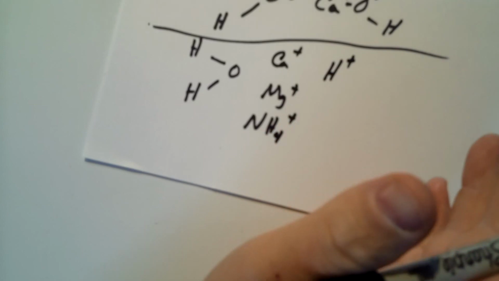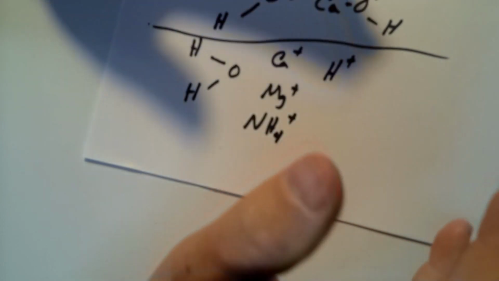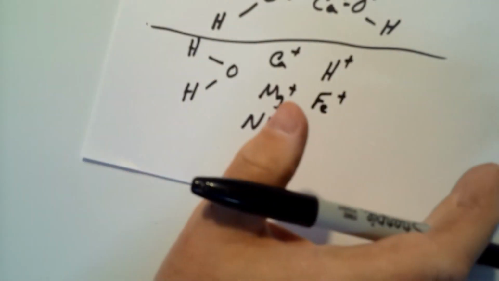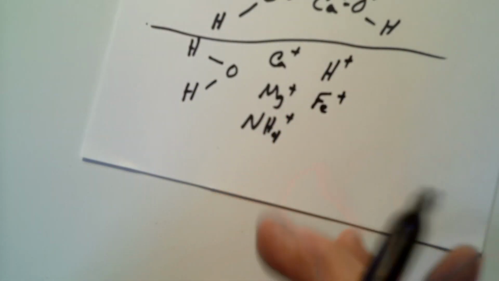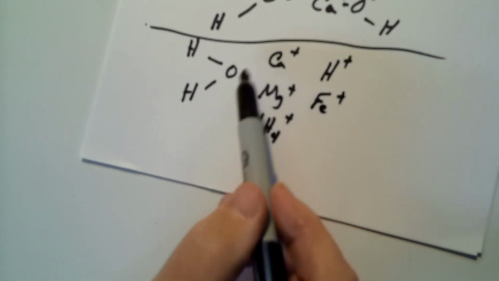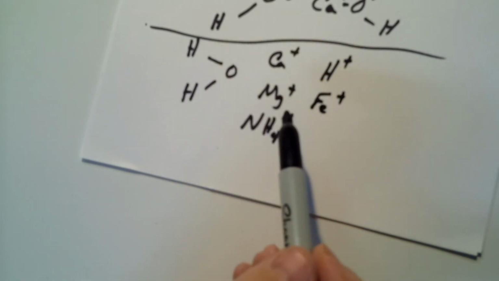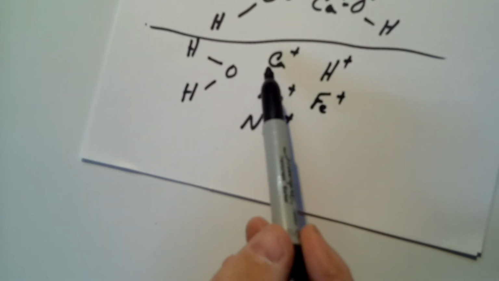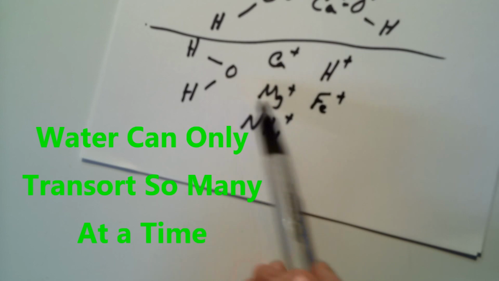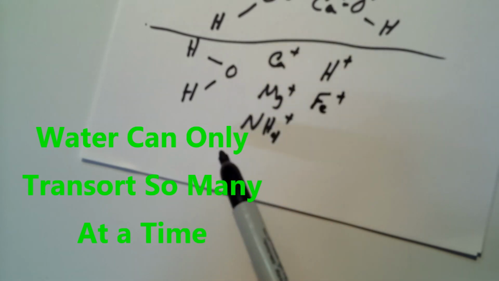I could just keep listing them here. Lithium and iron. There's a whole bunch of them. Now, if there's a limited amount of water, and you've got to look at the way the water transports, then the water is going to have an effect of not having enough calcium.